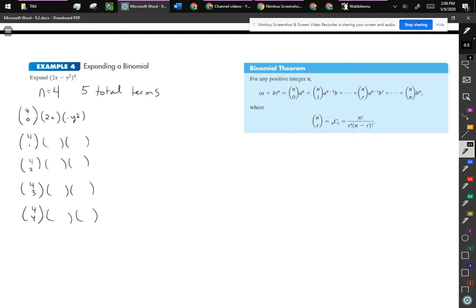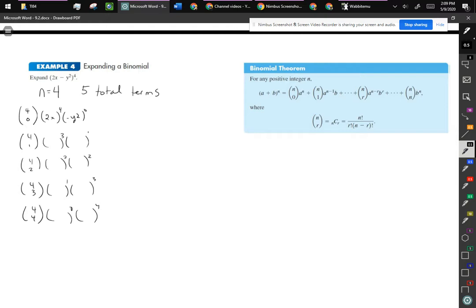But I'm going to leave those empty because I want you guys to know that we're focusing more on the pattern of the coefficients and the exponents rather than the actual parts of the binomial. So if your n is 4, then this is going to be 4, 3, 2, 1, 0, and then 0, 1, 2, 3, 4. And again, 2x and negative y squared just go straight down the middle, right?